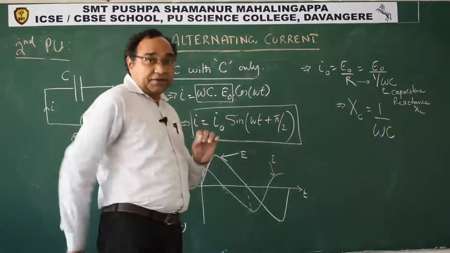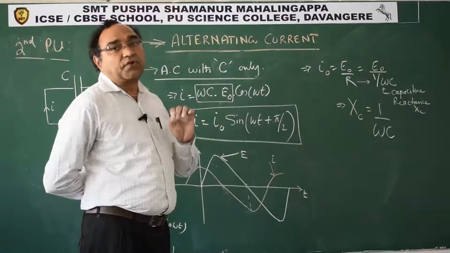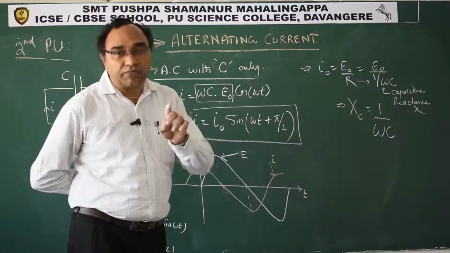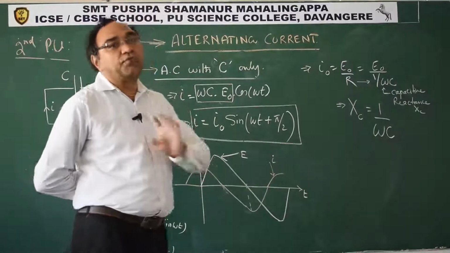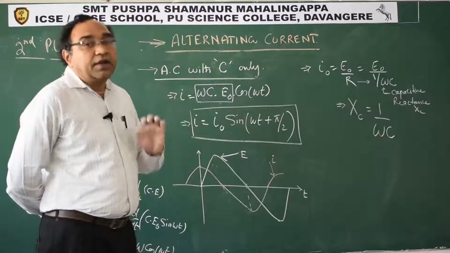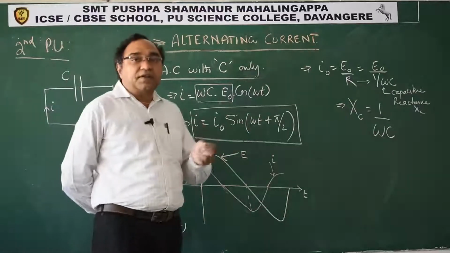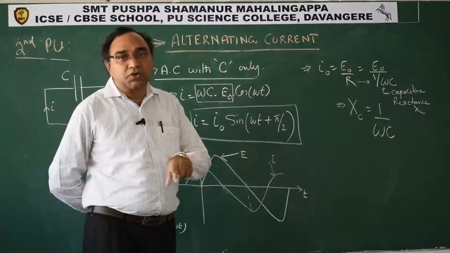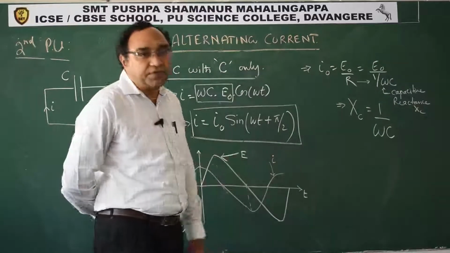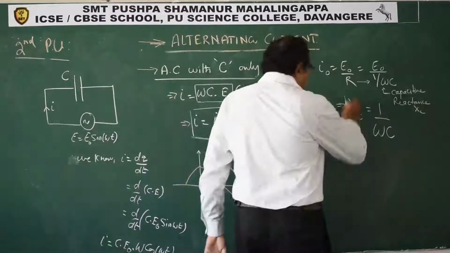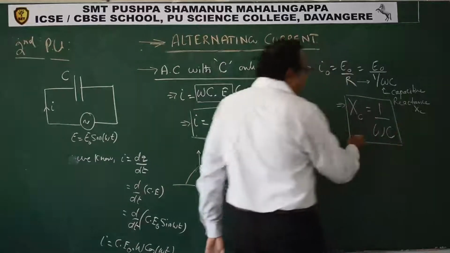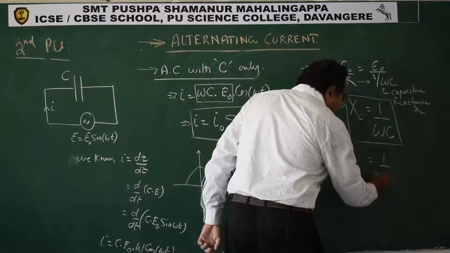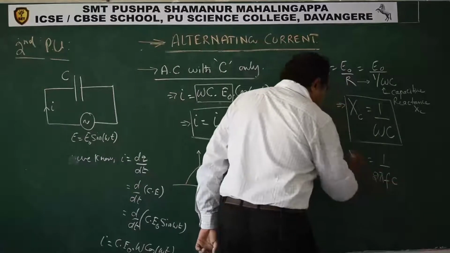Capacitive reactance is the resistance offered by a capacitor to a fluctuating AC source. Inductive reactance is the resistance offered by an inductor to a fluctuating AC source. See this. This is exactly what we have. So this can also be written as 1 by 2 pi FC, correct?